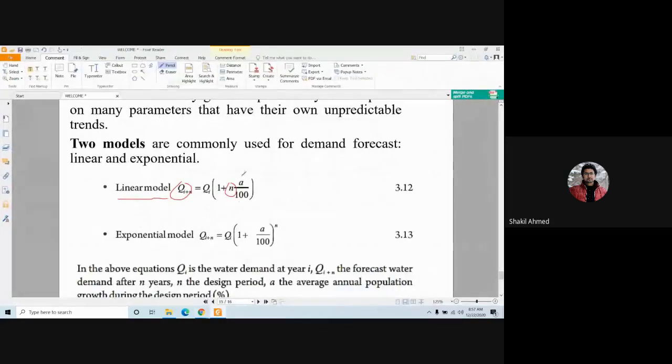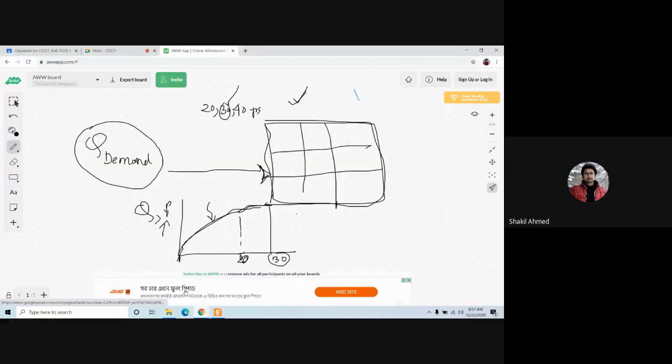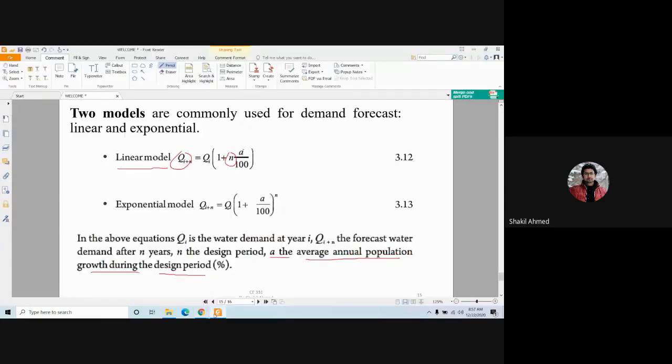And A is the rate of population growth. A is the average annual population growth during the design period. Annual population growth means each year how much the population is increased in percentage. Is it clear?